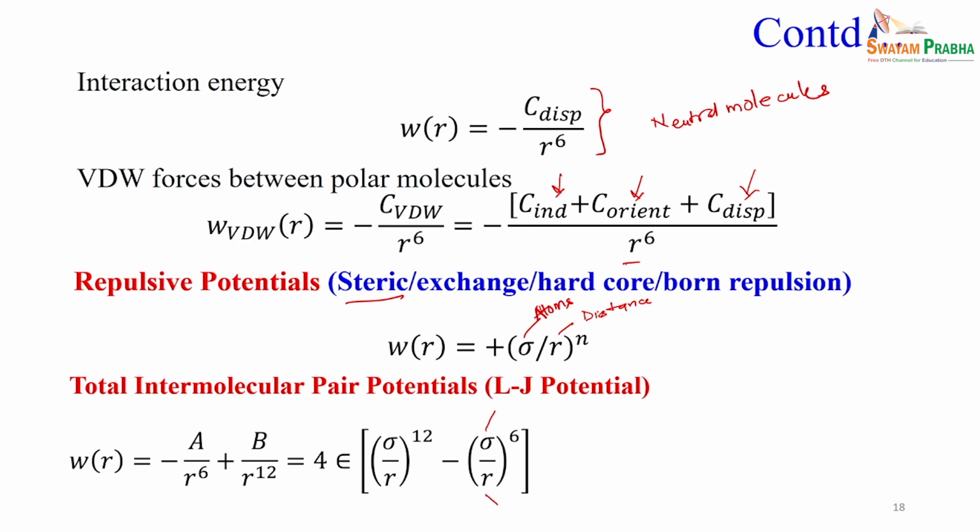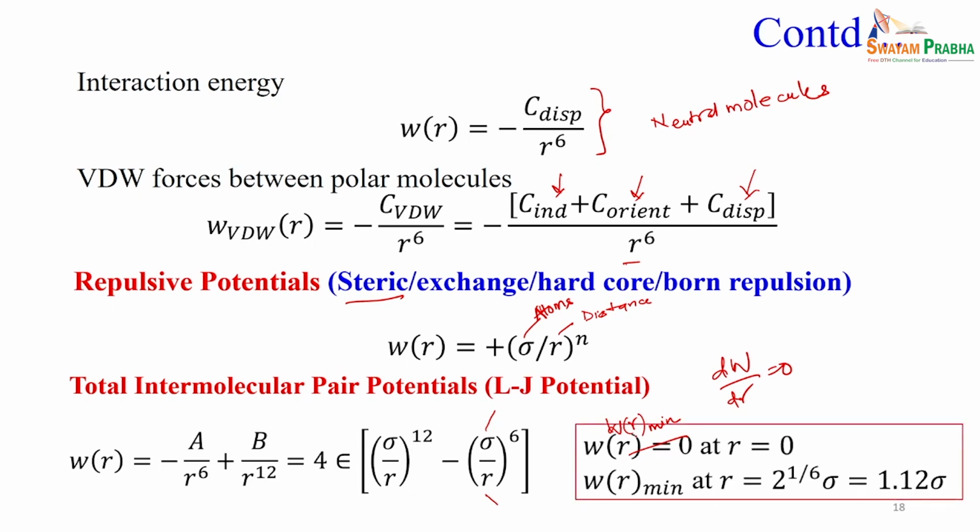Now, as we did in the last class, if you want to calculate the W(r) minimum, then you have to set dW upon dr equal to 0. In this way we will be able to calculate at what value of r the system will be in equilibrium. W(r) minimum means it is in equilibrium.